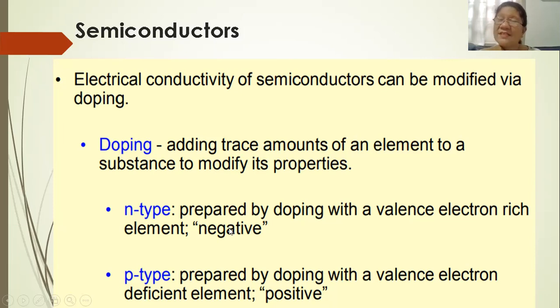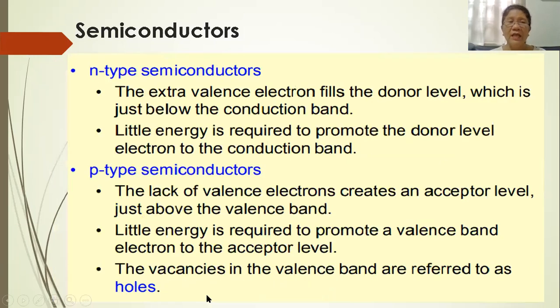N-type is negative. Why? Because you dope or add a valence electron-rich element. The P-type, you dope with a valence electron-deficient element. That's the difference between N and P-type. That is for semiconductors.